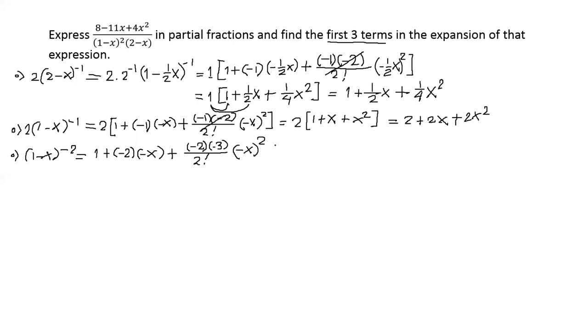Okay. Let's calculate: 1 plus 2x here, and then negative times negative is positive, divided equals 1, positive as well, and it becomes 3x squared. Okay.